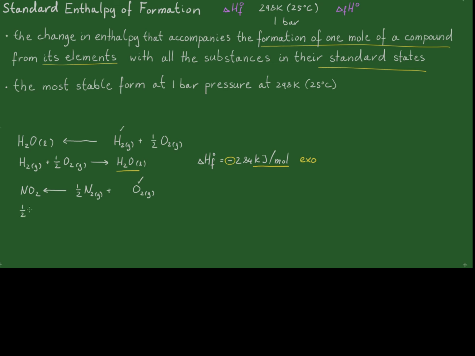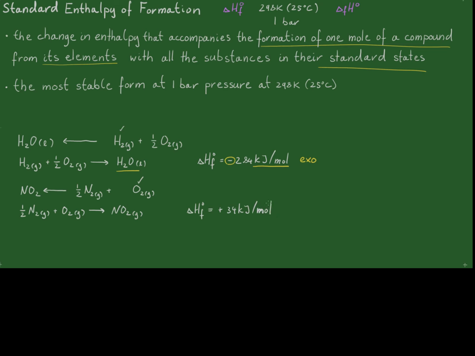And I can now rewrite this as 1/2 of a mole of nitrogen gas plus 1 mole of oxygen gas will give 1 mole of nitrogen dioxide gas. The enthalpy of formation for nitrogen dioxide gas is positive 34 kilojoules per mole.